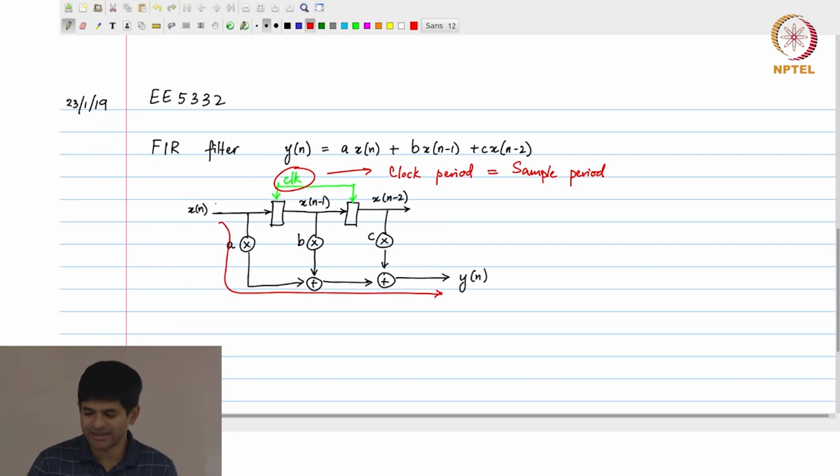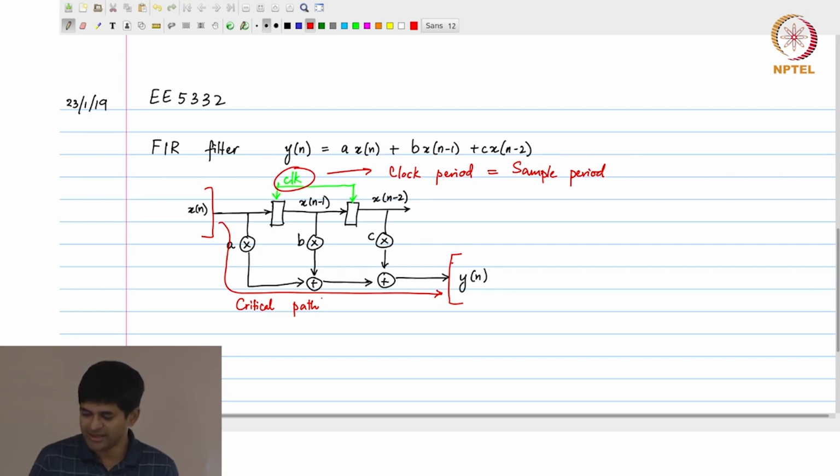Because there is an implicit assumption that there is some kind of a register at the input side over here and also a register at the output side. Those I have not drawn, but those are implicit, okay? So if I take those two into account, this becomes the critical path, right, which determines the minimum time period, or in other words, the maximum frequency at which this system can operate.